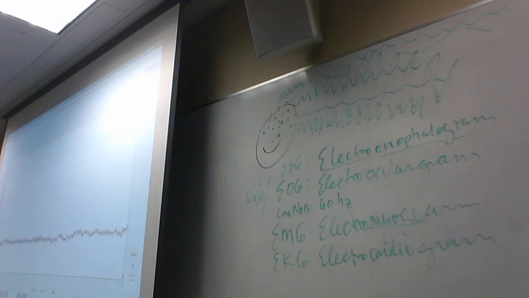Electrode for, let's say, 1, 2, 3, 4, 5 trials. Trial 1, trial 2, trial 3, trial 4, trial 5. Everybody confused? Okay, so what the ERP is going to do is say, let's take the average of all of these.